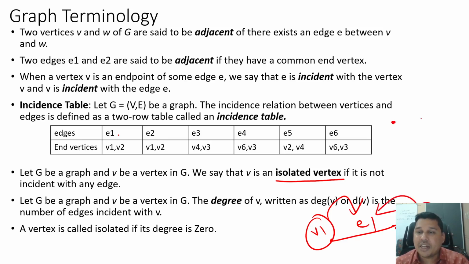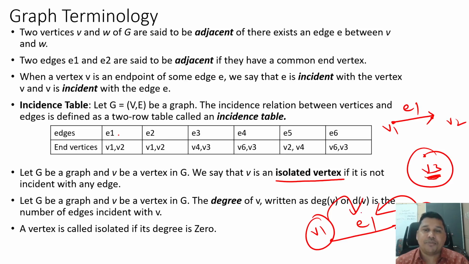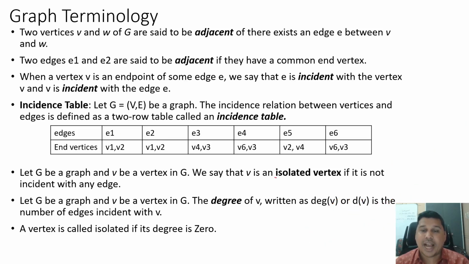But if I have a vertex V3, is V3 incident on any edge? No, there is no edge using this V3. Then we say these kinds of vertices are called isolated vertices. And the most important concept is the degree of a graph.